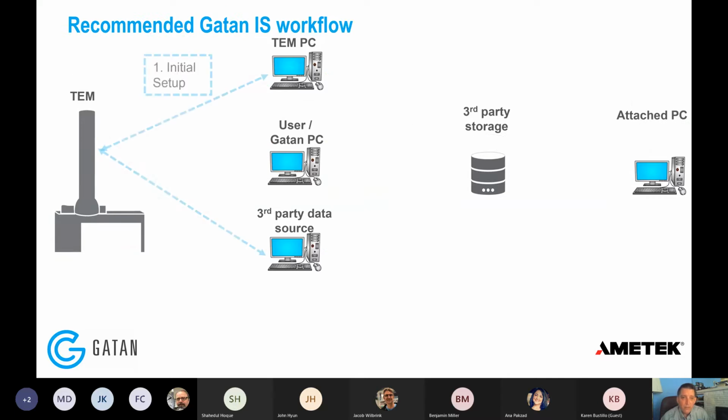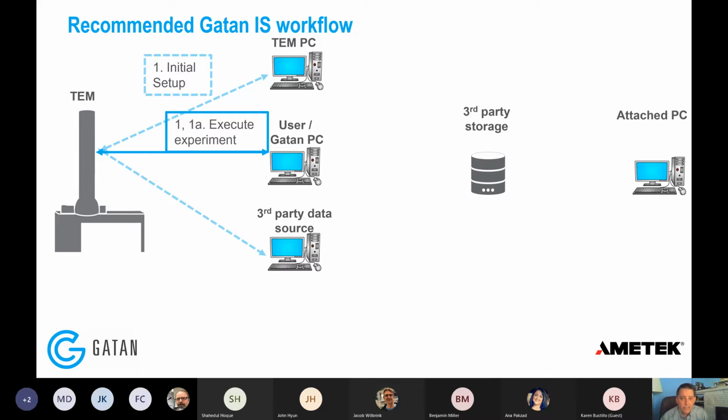Instead, what we propose is that you still may need a TEM PC for the column, because there are some functions or some commands or some calibrations that can only be done through the dedicated PC. For example, the holders, the calibrations might have to be through there. The TEM, some commands. But you still have to set up the camera or the EELS, EDS, whatever you want to run on the Gatan PC.